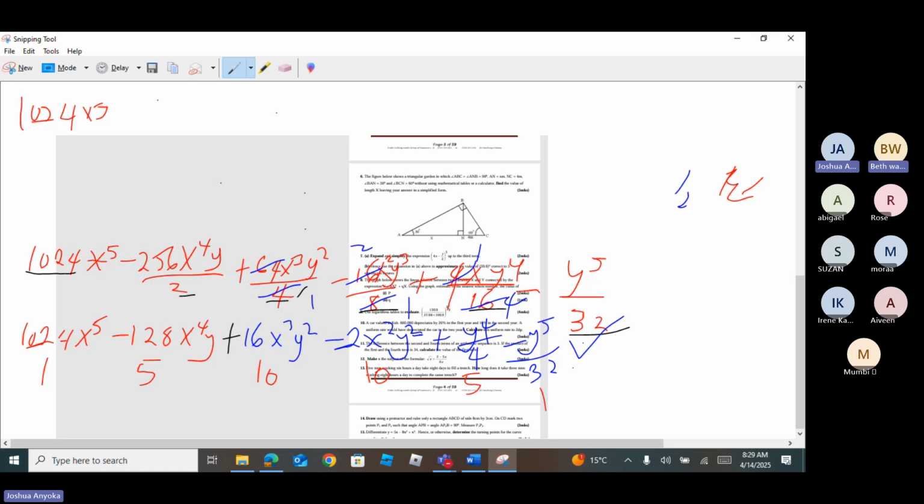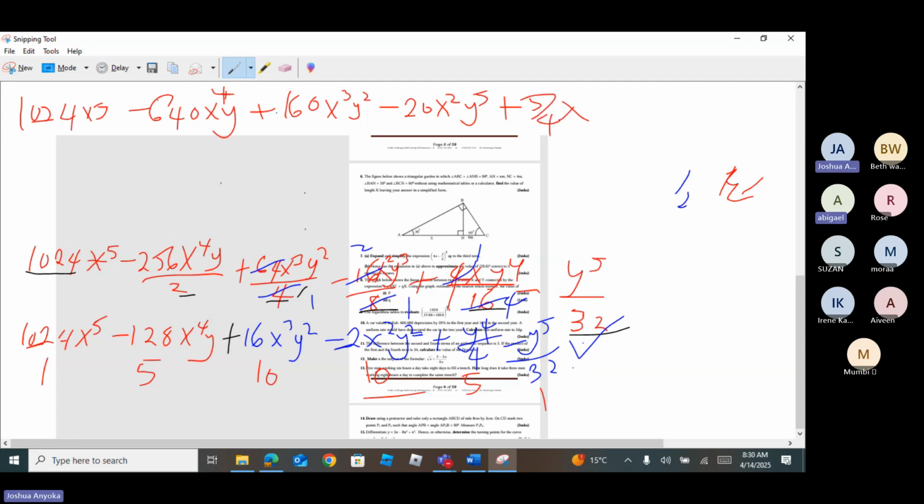The second term, multiply by 5. 128 times 5, 640 x power 4 y, plus 16 times 10, 160 x power 3 y squared, minus 20 x squared y power 3, plus 5 over 4 x y power 4, and then the last one times 1, minus y power 5.